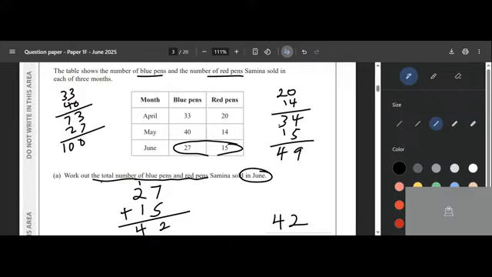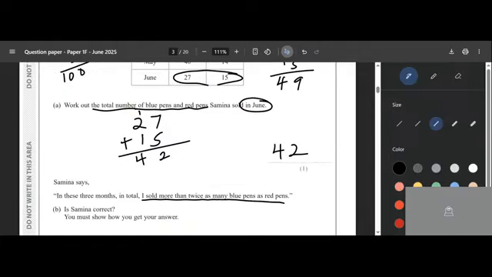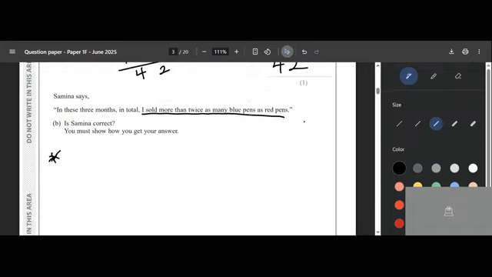So they are saying the total number of blue pens is more than twice the red pens. Is that true? If you compare that, you have 100 and 49. Is it more than twice? Our key thing is more than twice.